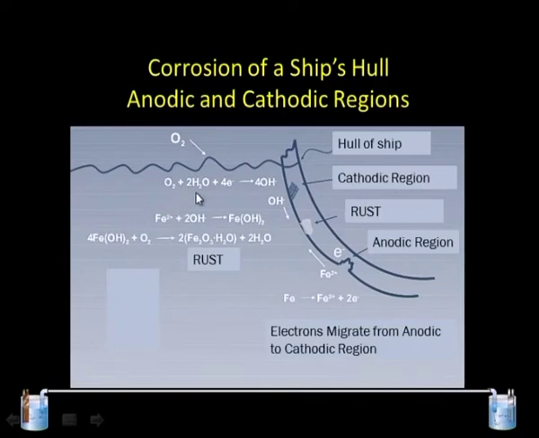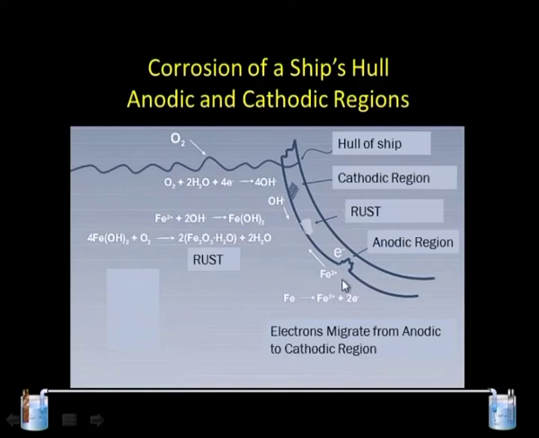Oxygen reacts with water and 4 electrons giving 4 OH-, whereas Fe2+ reacts with 2 OH- giving ferric hydroxide, which reacts with oxygen to give 2 Fe2O3·H2O, which is rust, and 2 molecules of water are formed.